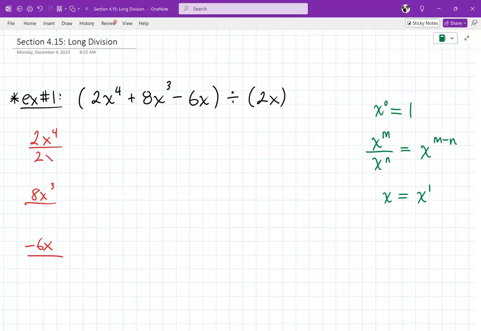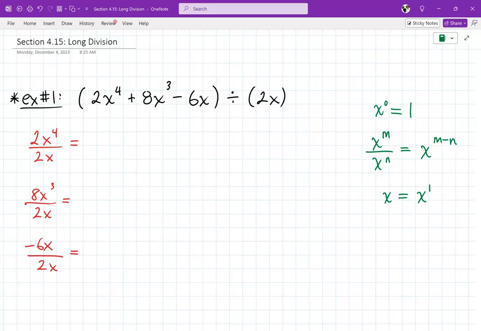So divide by 2x, divide by 2x, divide this by 2x. So again, I'm getting every term in the first expression, the 2x to the 4th plus 8x cubed minus 6x, and I'm going to divide it by 2x.